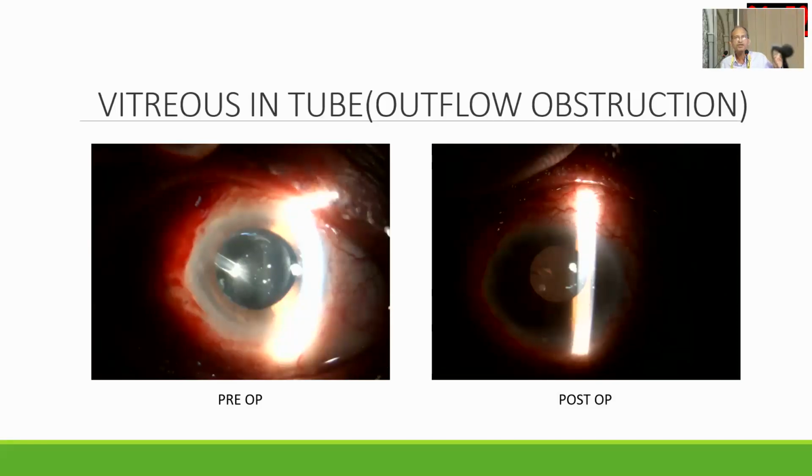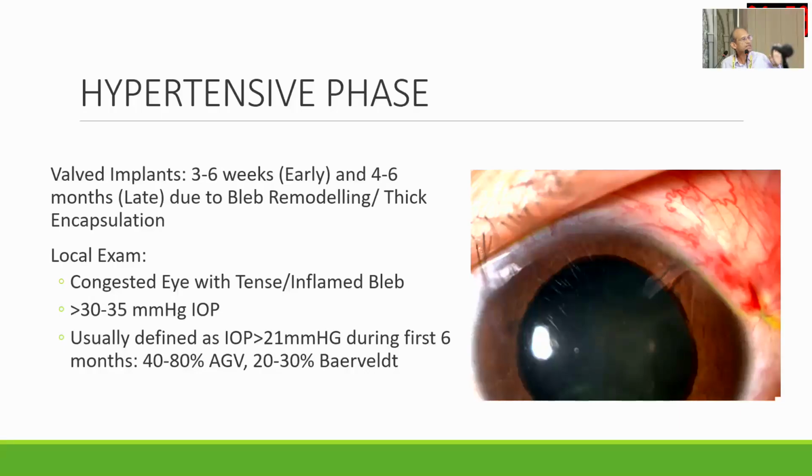So this patient in fact won't be included in the hypertensive phase. True hypertensive phase can occur early, like after 3 to 6 weeks, or later, after 4 to 6 weeks of the surgery. It occurs due to excessive fibrosis of the fibrous capsule around the plate.